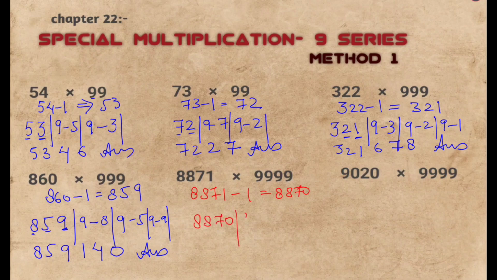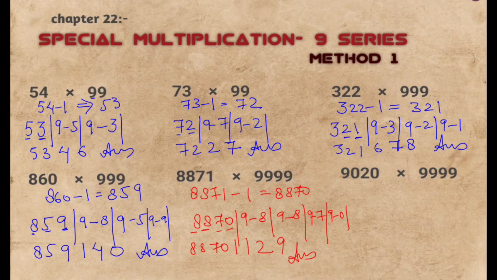Now make a partition, 9 minus this 8, 9 minus another 8, 9 minus 7 and 9 minus 0. So here we get 8870. 9 minus 8 gives you 1, 9 minus another 8 gives you 1 again, 9 minus 7 gives you 2 and 9 minus 0 gives you 9. So 88701129 is the answer.